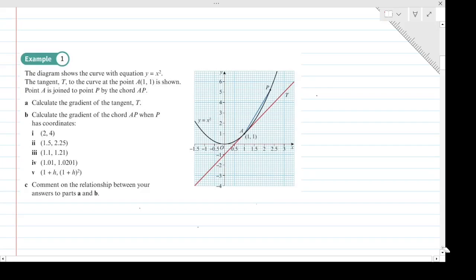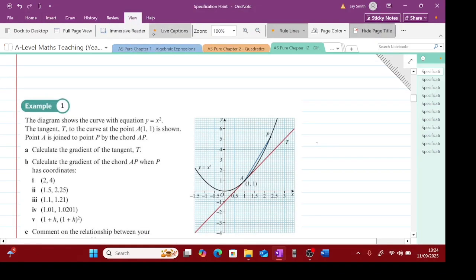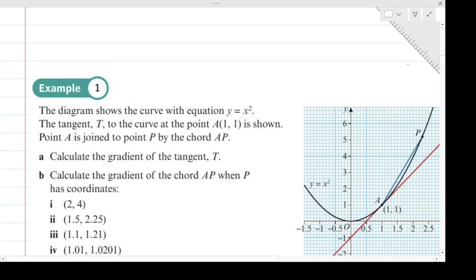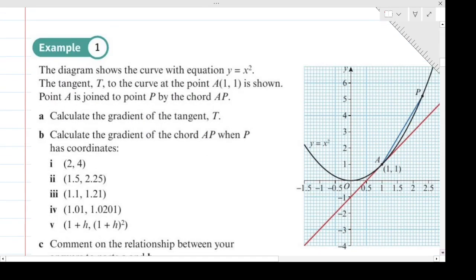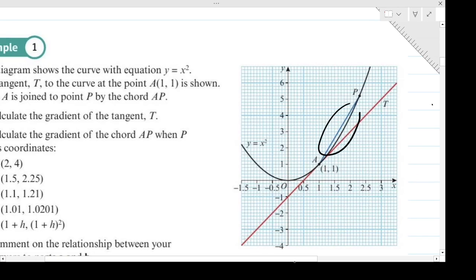Actually, let me zoom in, it's probably very helpful. Okay, let's see how that goes. Hopefully you can see more clearly that this blue line from A to P is a chord.